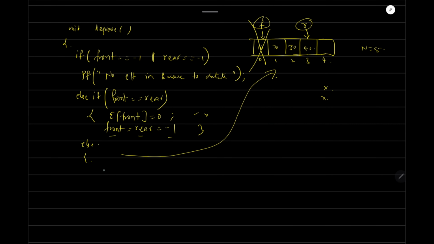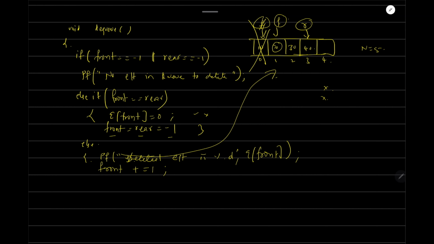We need to delete this element by simply incrementing the front. If I increment the front, front plus equal to 1, the front will be here. Before that, if we want to print the deleted element, we can say printf deleted element is percentage d, q of front.